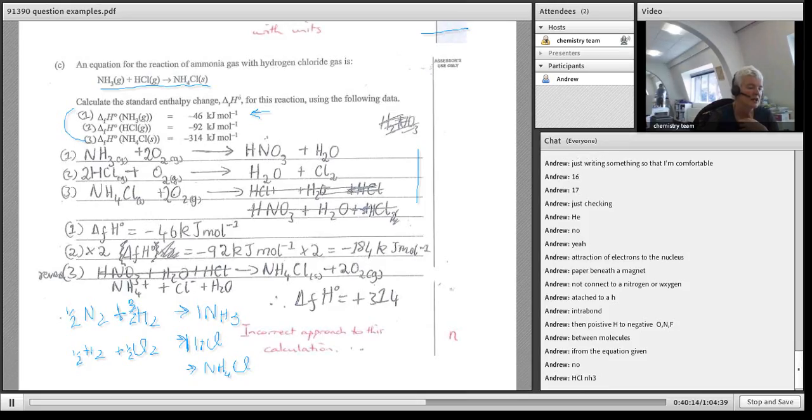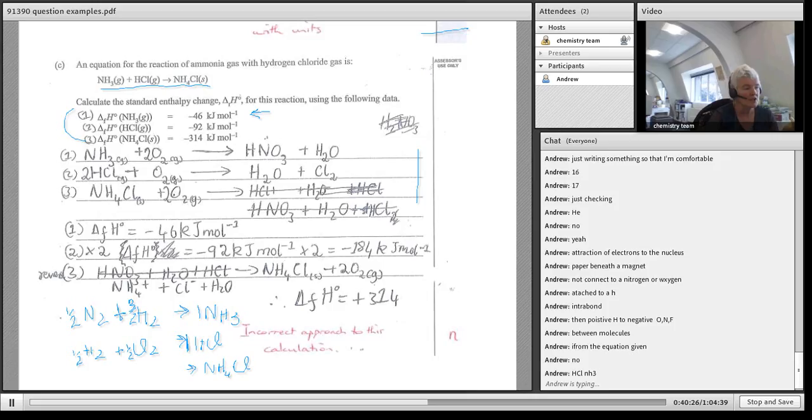Okay, those though are not elements. You've given me compounds and not elements. Heat of formation is always from its elements. So if I was writing a heat of formation, it has to be from its elements.